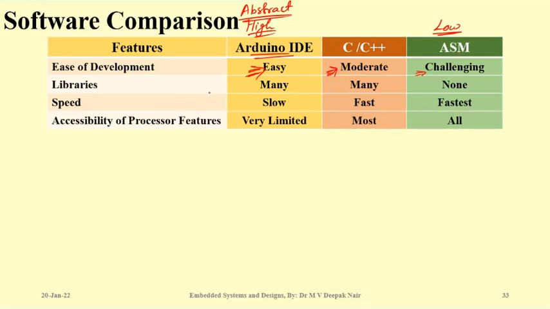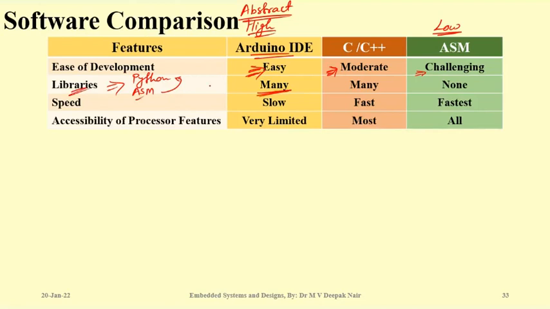But coming to the second parts, libraries, availability of libraries, these are nowadays very very important, because if you see why people are going for Python, and why people are not preferring assembly, because on one hand you have ASM and on the other hand you have Python nowadays, or R or any other language. So why? Because you have too many libraries available in Python.